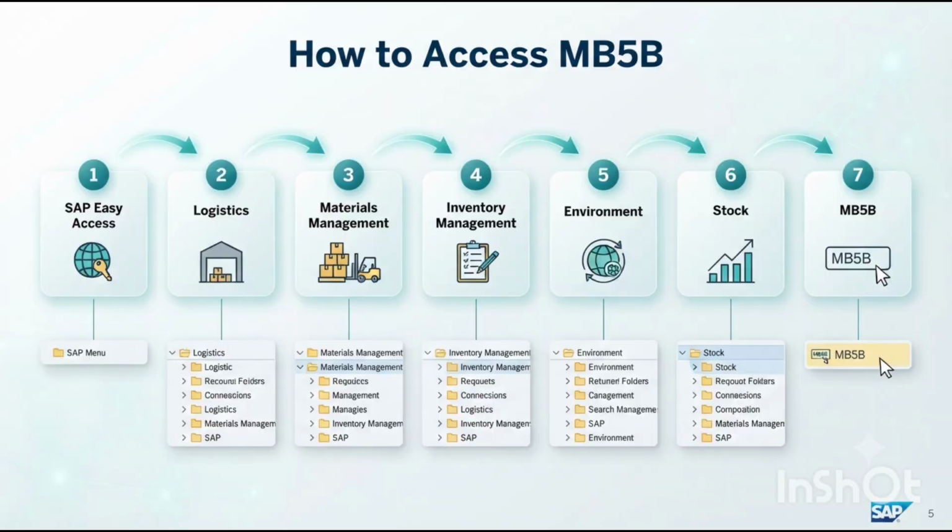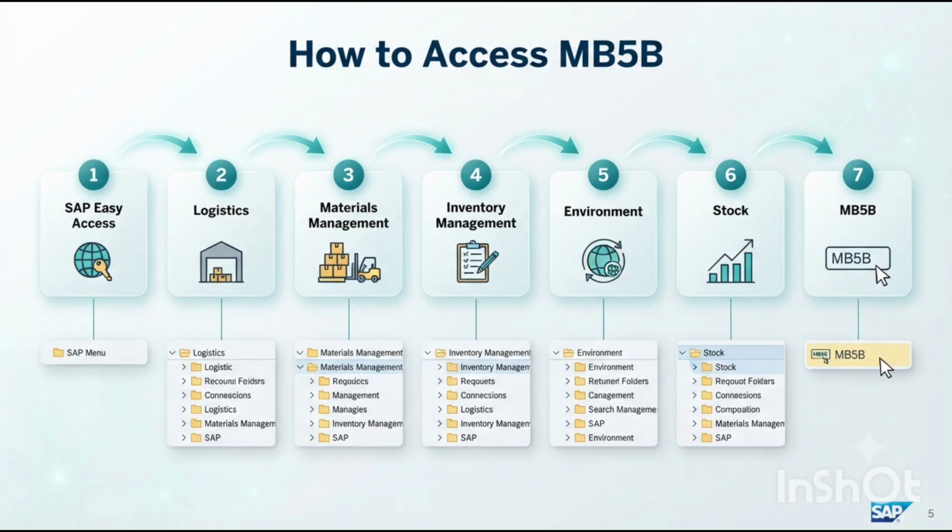Here's how to reach MB5B in SAP. Start from SAP Easy Access, navigate to Logistics, then Materials Management, then Inventory Management, after that Environment, Stock, and Stock on Posting Date. Or simply type MB5B in the command field and press enter.